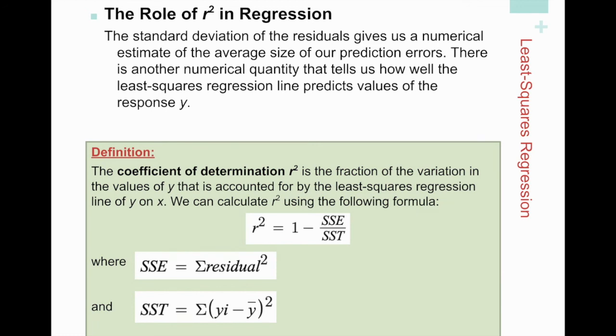You do not have to know that R squared is equal to 1 minus SSE over SST. That is not critically important. What is critically important is that you're able to interpret R squared in context of any problem. Any single regression problem you have, you're always going to have to interpret R squared in context. And this is how we do that.